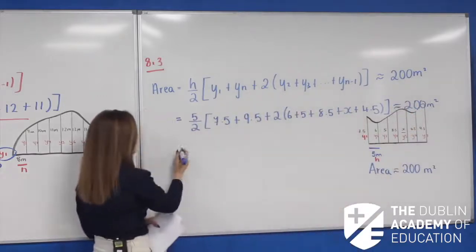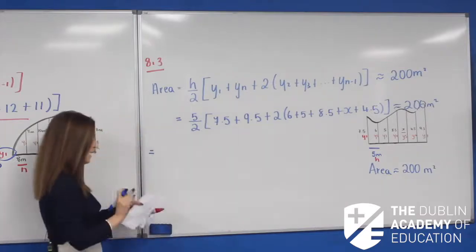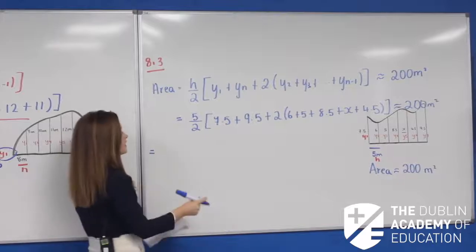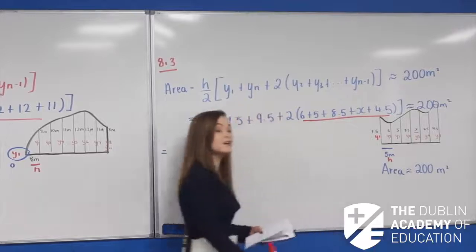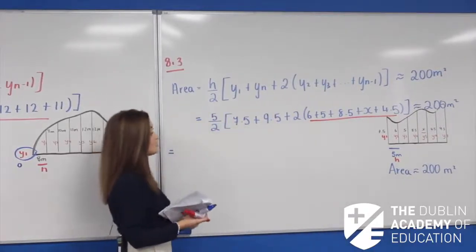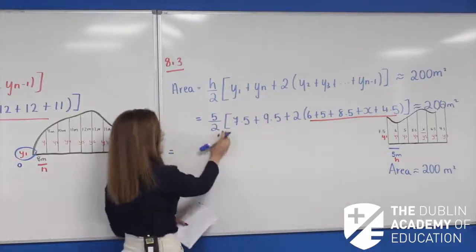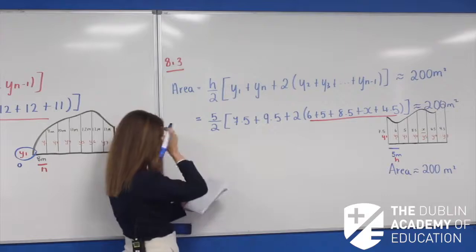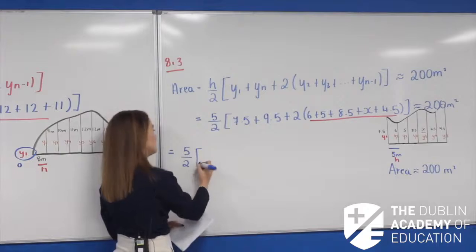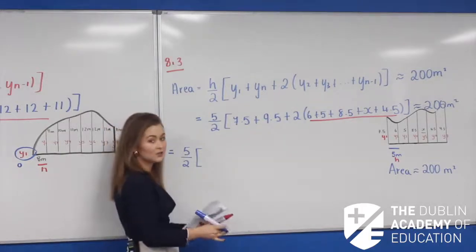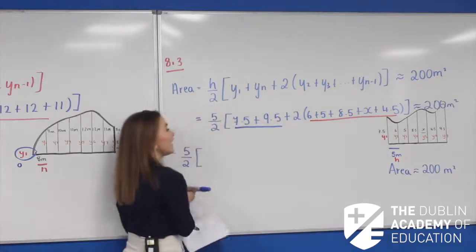Now, my next step is just to tidy up, and I'm going to pull this quite a bit across, just to give myself a little bit more space. When I'm tidying up, the first thing I'm going to do is add up what I have inside the curved bracket, so 6 plus 5 plus 8.5 plus x plus 4.5. Everything else is going to be copied and pasted for the moment. So I have 5 over 2, open my bracket, and I'm going to cheat, adding two things at the same time: my 7.5 and 9.5.